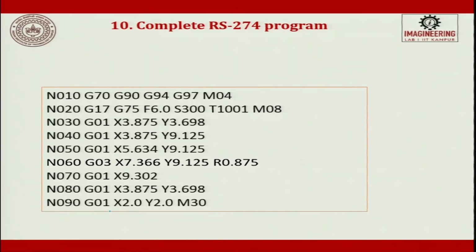When I consolidate this complete program into a number of blocks, this is how it looks. First step N010, G70, G90, G94, G97, M04, we did it. Then which plane we are operating, and then linear interpolation, then circular interpolation counterclockwise, then linear, and finally we say okay, we go there, and then if you want to go one more step outside, we can say G00, X0, Y0.